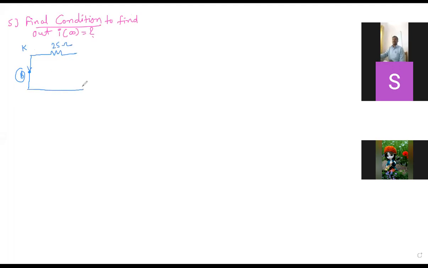So what will happen when the switch is remaining at 0 volt? There is no source, means 0 volt. So what will be the value here? I of 0.